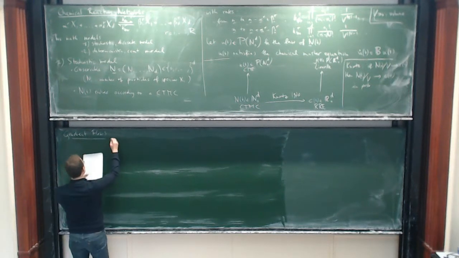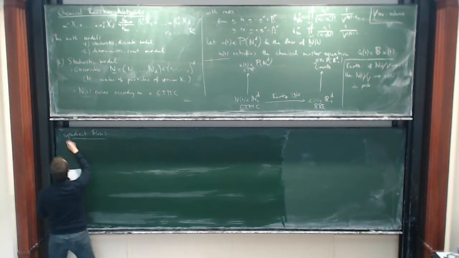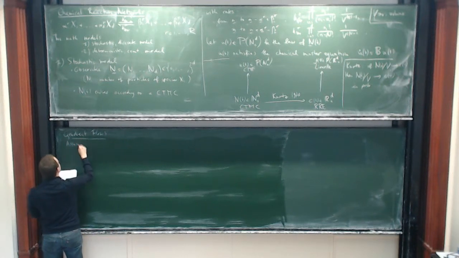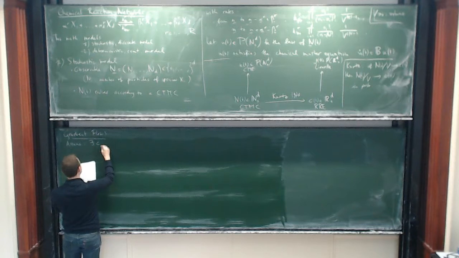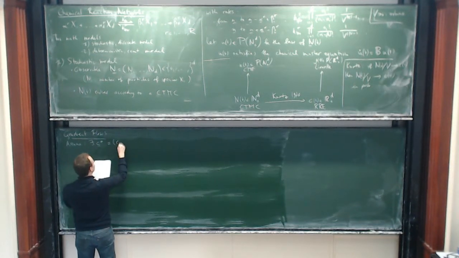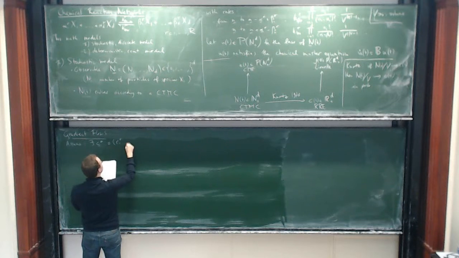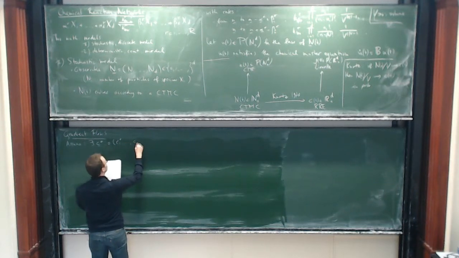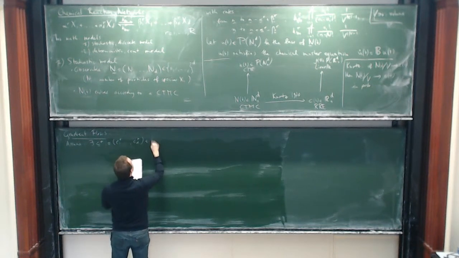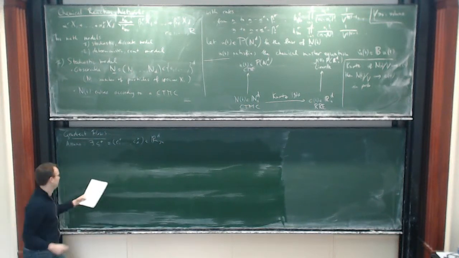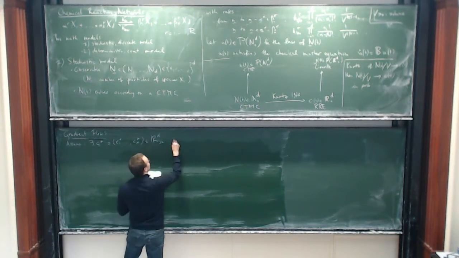I will assume that there exists a vector which I denote by c star, a vector of concentrations. And these are strictly positive, that's the assumption, such that detailed balance equations hold.